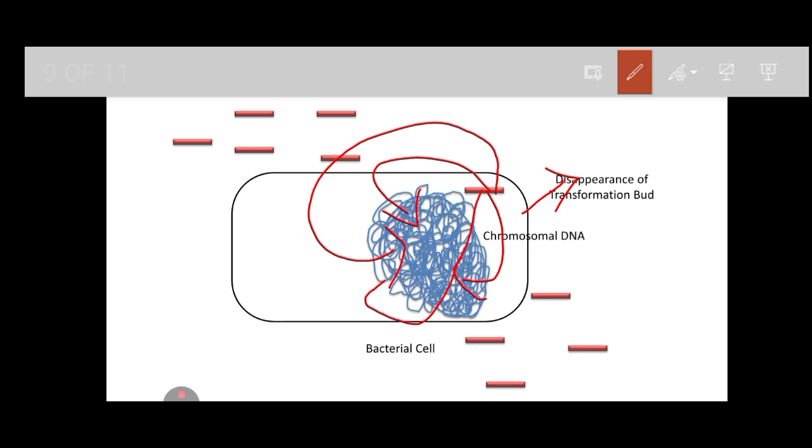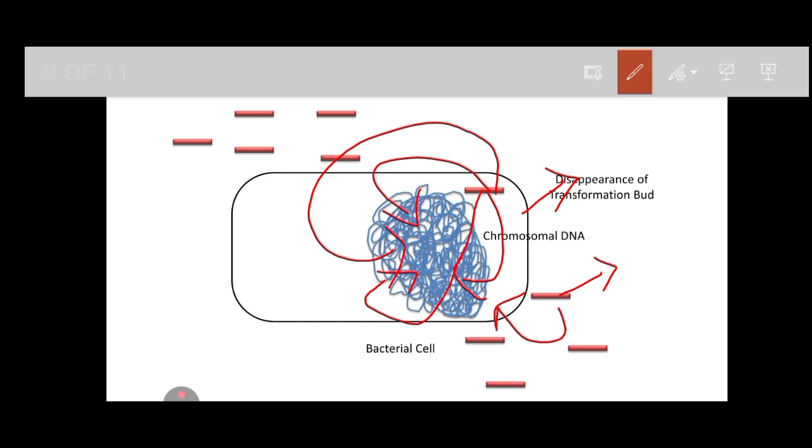And how does this recombination take place, because this is an exogenous DNA? Exogenous DNA is the DNA released by some other cell. Now the DNA of a non-indigenous bacterium enters into a new bacterium through the transformation bud.